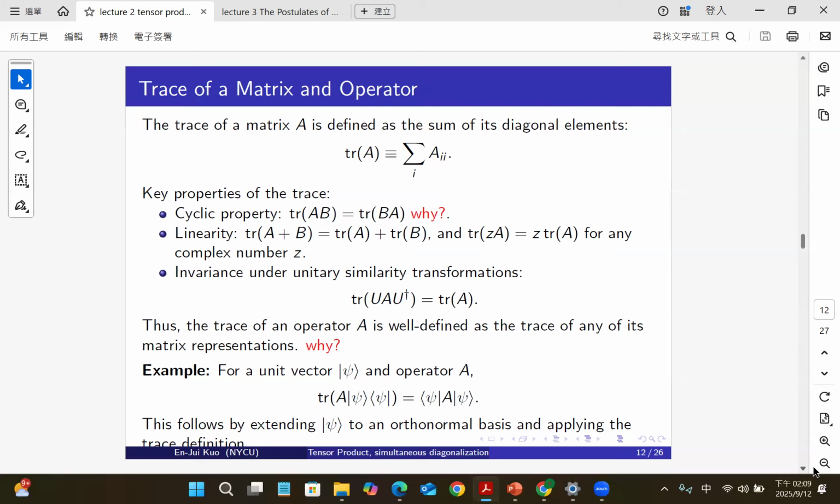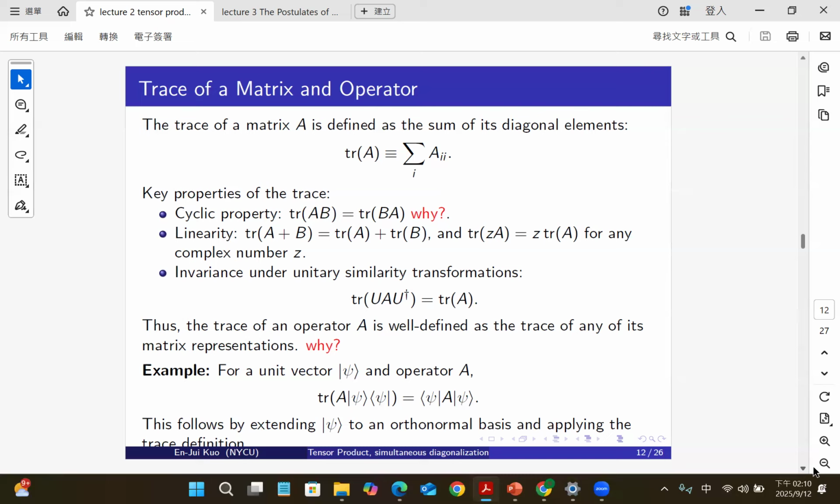So if you want to compute the trace of AB, it will be just the sum over I of the II component of AB. What does that mean? Just sum over K. So this is the trace of AB, just A times B with the II component, right?